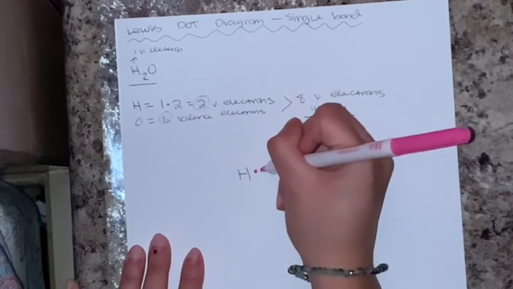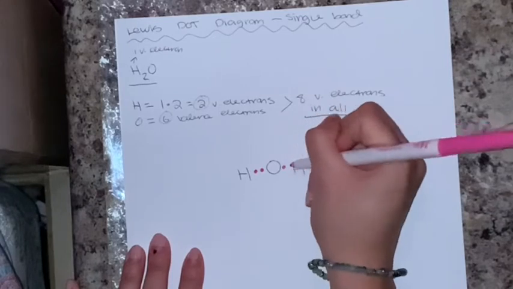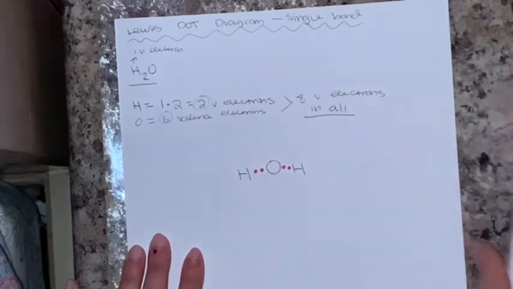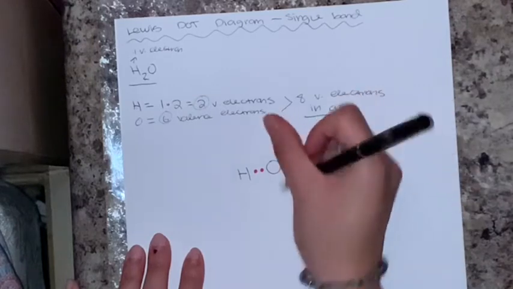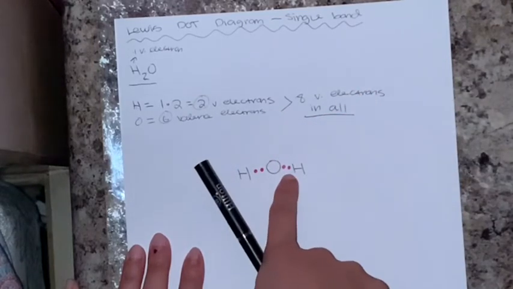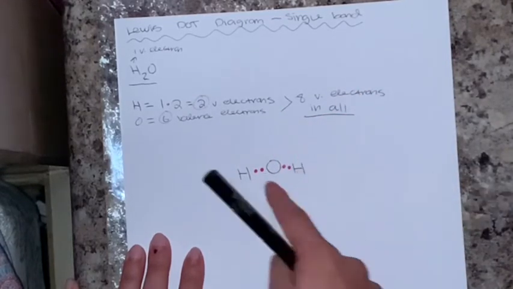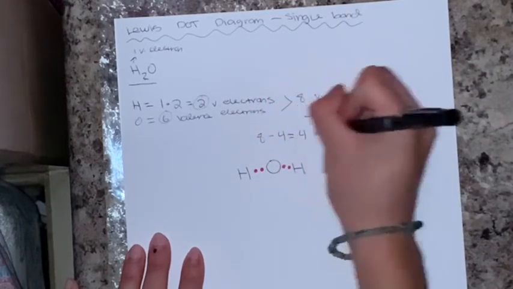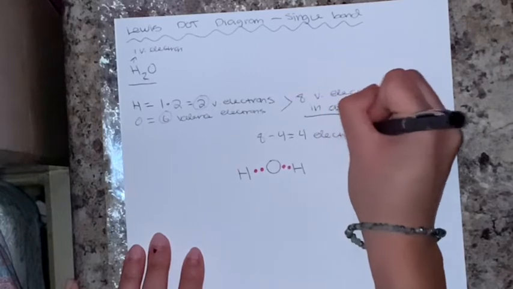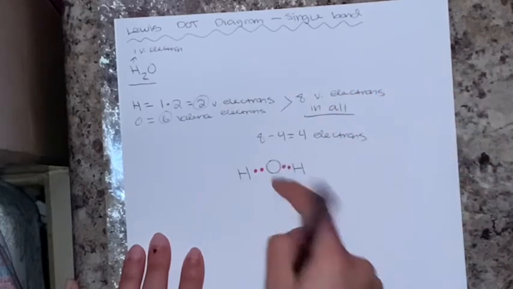And so now we're going to combine these elements with 2 electrons, which is step number 3. And so yes, they are bonding, which we're going to put a dash to represent the bonding electrons, but we're going to do that later.